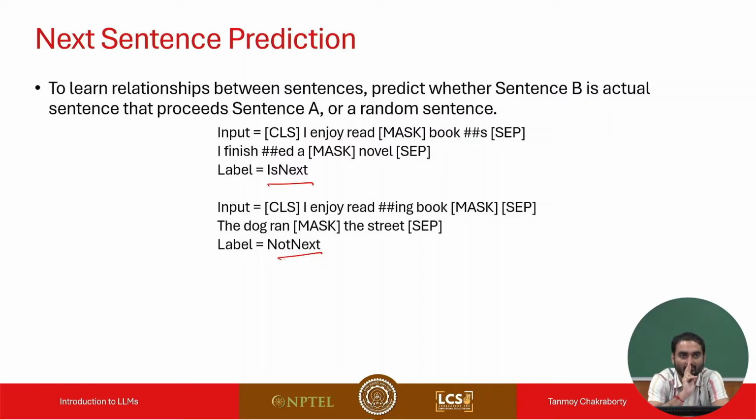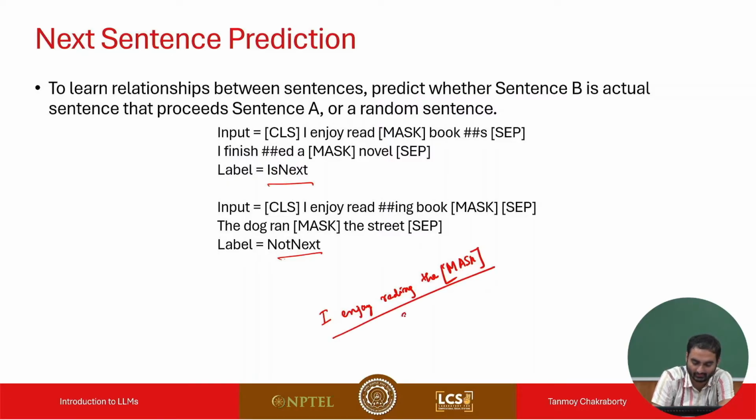So these are two tasks, and we will do them simultaneously. Let's say the input is: I enjoyed reading the mask. And how to separate these two sequences? This is sequence 1, sequence 2: the novel was great.